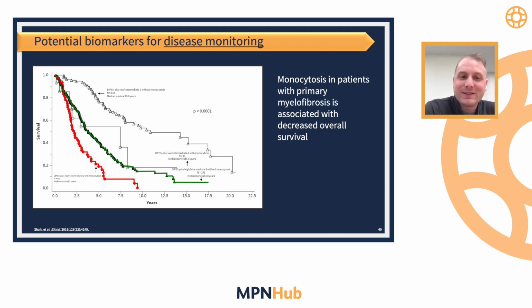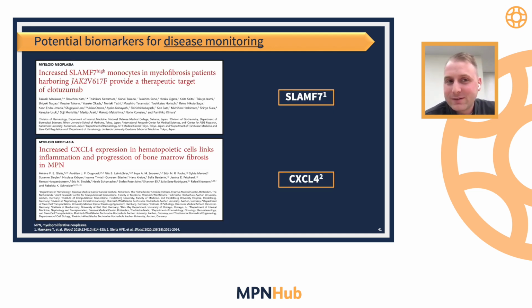And in red, you see PMF patients with a high risk score with monocytosis. And you see that the presence of monocytosis alone is a biomarker that indicates a decreased overall survival in PMF patients.